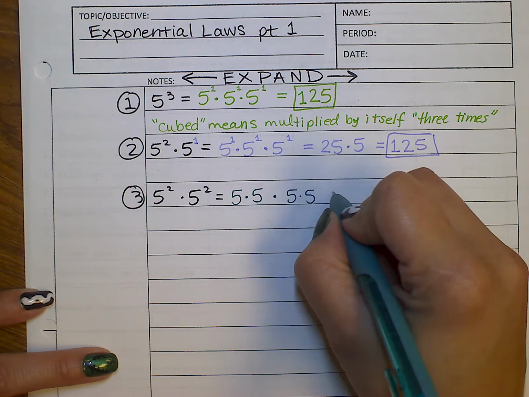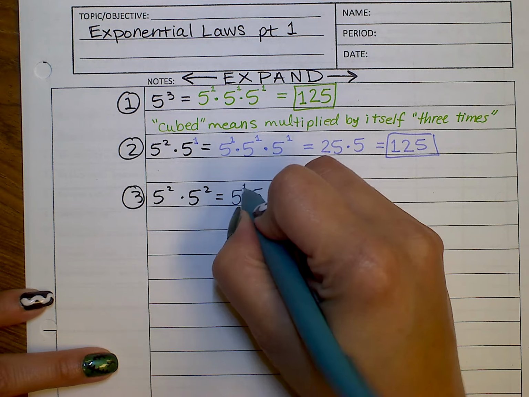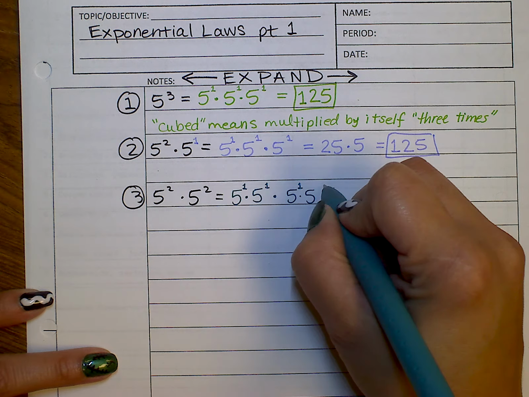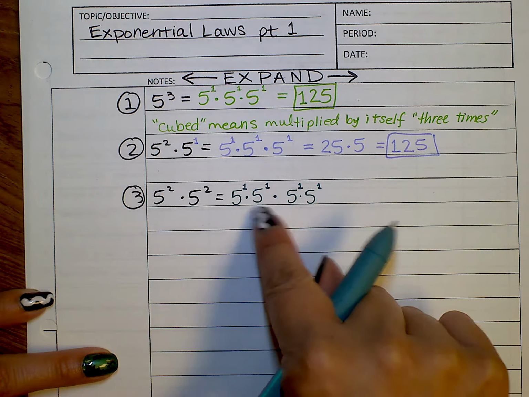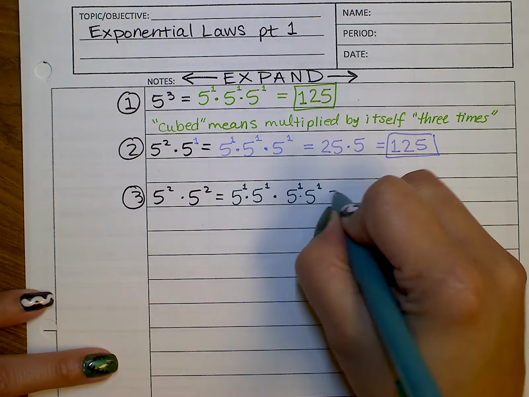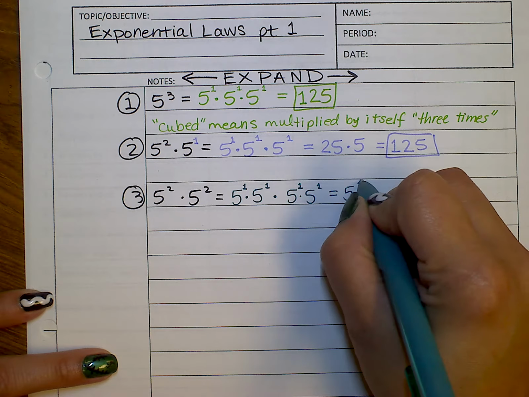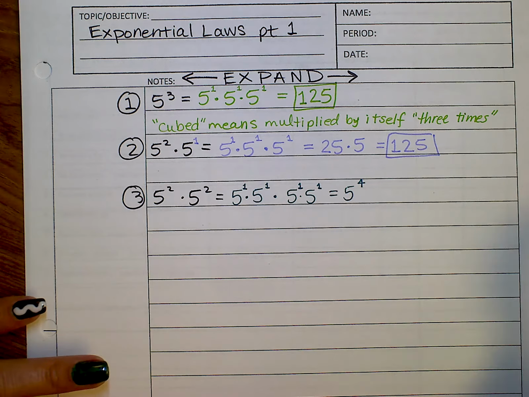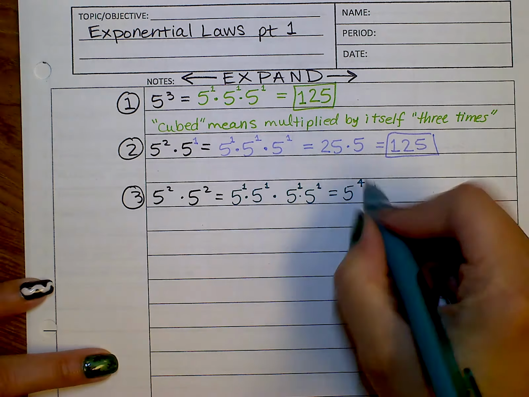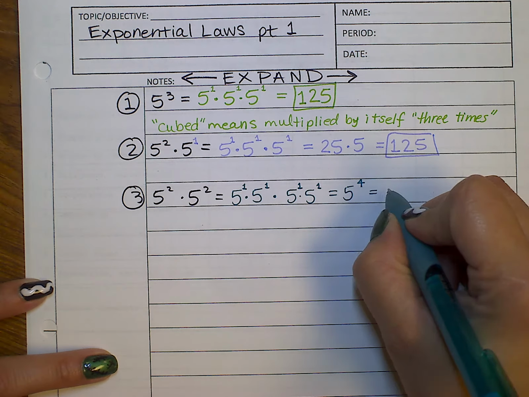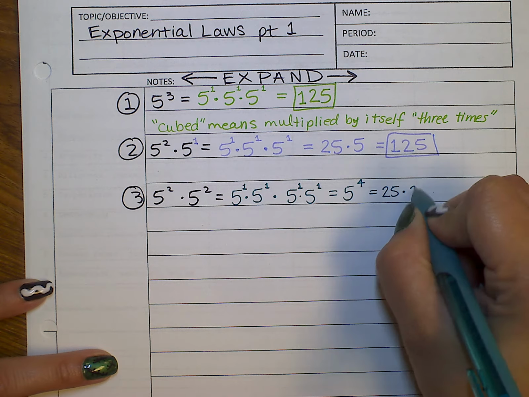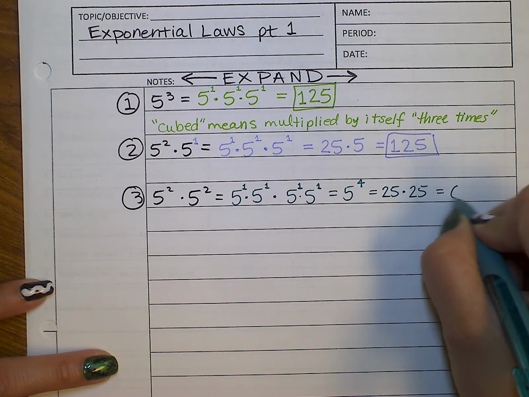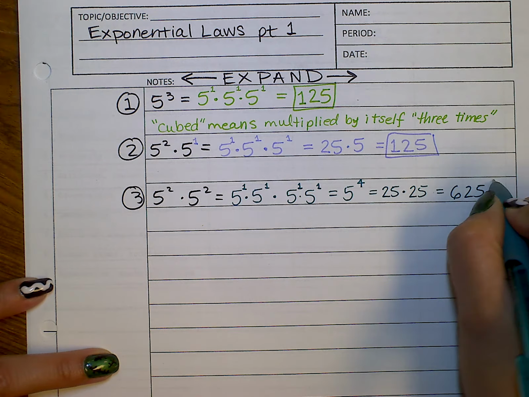Taking a look here, all of these have an exponent of 1, and that's 1, 2, 3, 4, 4 of them. So that's the same as saying 5 to the 4th. Some of you guys broke this down and said that 5 squared is 25, so 25 times 25, that is a perfect square, 625.